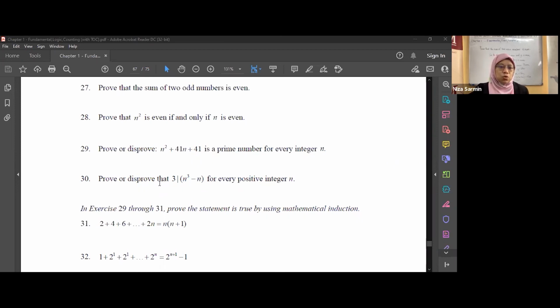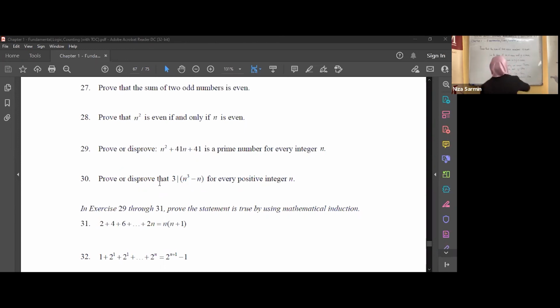For number 32, when n is 1, it's easy, right? The left one, the right one. Number 32, when n is 1, it's not true, right? The left one becomes, the left one, you see this?